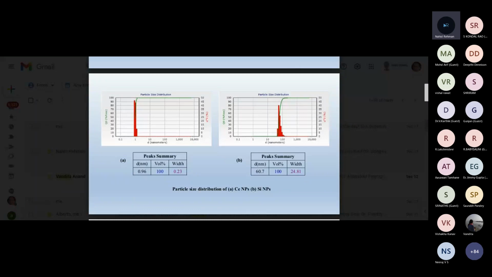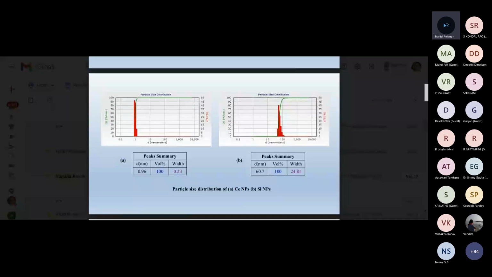After characterization of this, one has to see the particle size distribution in the solution form. Because after all, whatever you have synthesized, you have to use it for practical applications, and for that you need a specific buffer or distilled water.